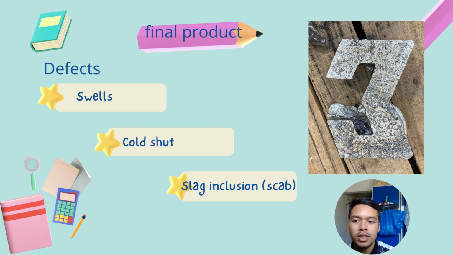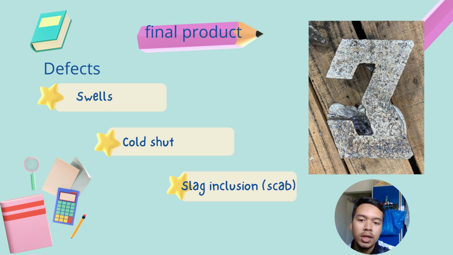Regarding causes, when molten metal enters the mold from two gates, the streams will meet at a junction. Low temperatures can prevent fusion at the junction, causing the streams to solidify before fusion, creating a cold shut.